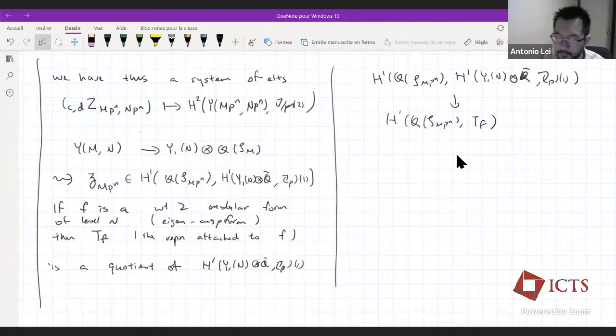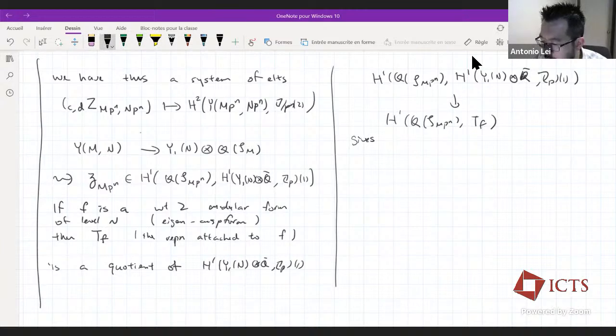And so these elements give me an element in this Galois cohomology. Maybe I'll call this z_{f,Mp^n}.